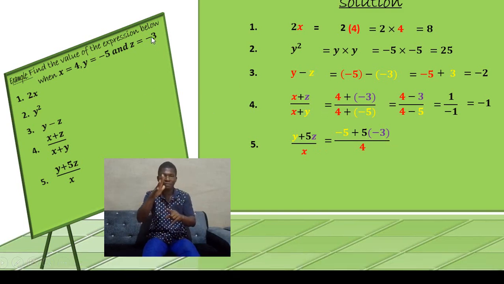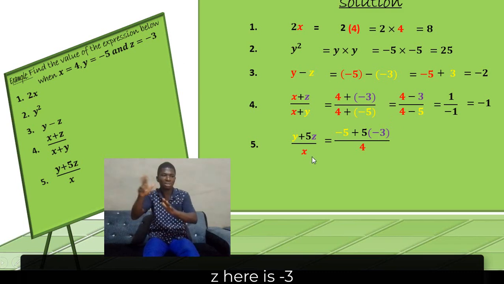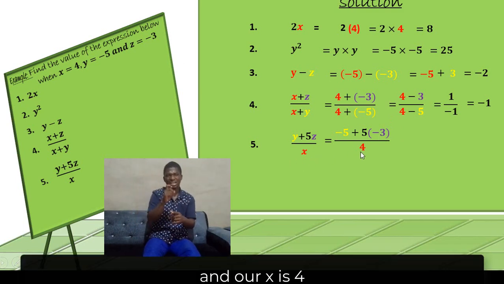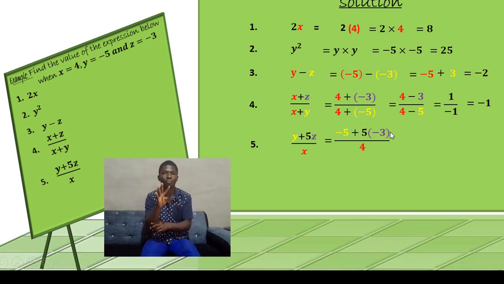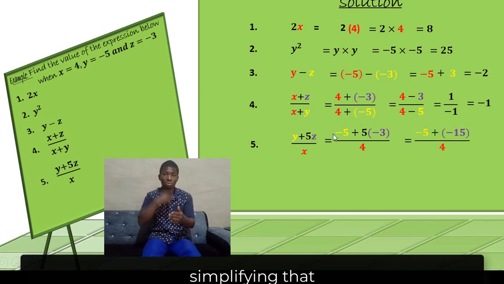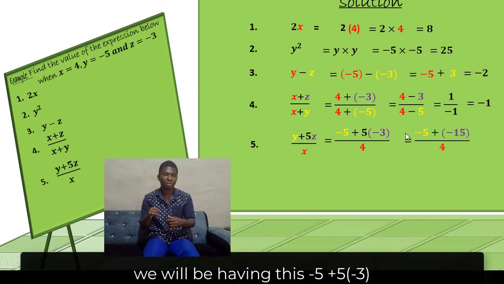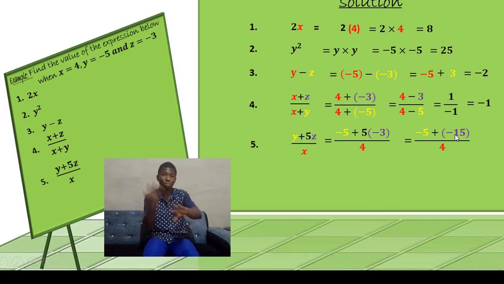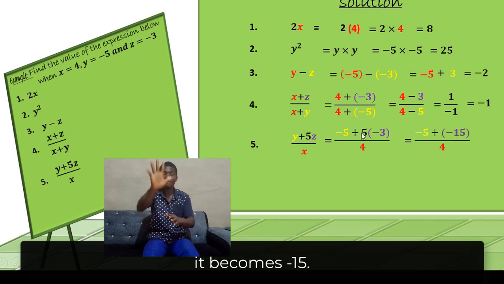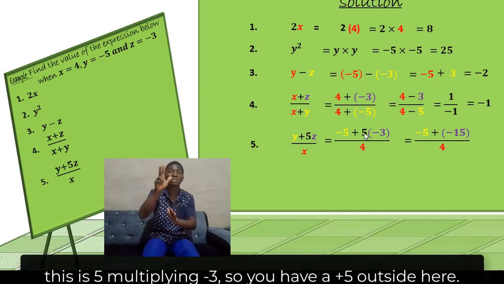Z here is minus 3, and our x is plus 4. Okay, so simplifying that, we'll be having this negative 5, then plus this is 5 multiplying minus 3 becomes minus 15. Again, I say that this is 5 multiplying minus 3, it becomes minus 15. Then you have a positive sign outside there, remember.